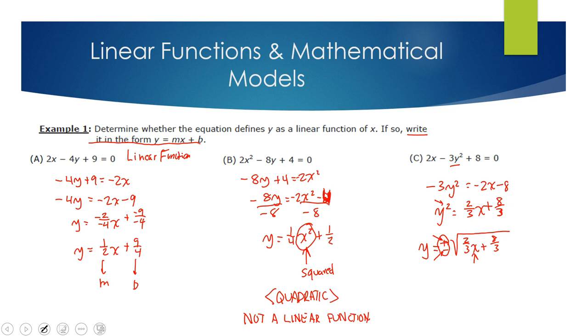For instance, if I put 0 in there, I would have the positive square root of 8/3 and the negative square root of 8/3. Those are two separate answers for y produced from one value x. This thing's not even a function, let alone linear.